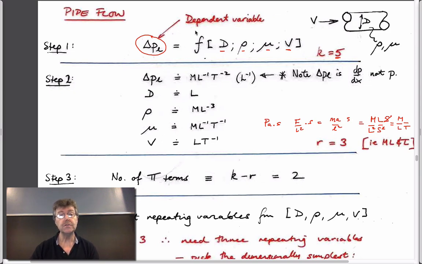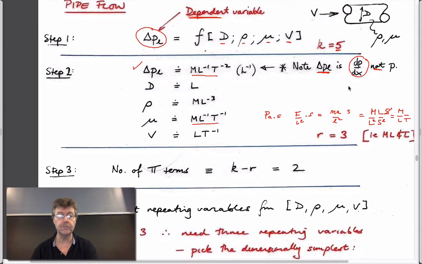We want to choose as our dependent variable the one that has all of these represented. So it could be either viscosity or pressure, because these are the 2 that have mass, length, and time all represented. We're going to choose pressure drop. Pressure drop in our particular case is pressure per unit length. So note that dP/L is this, not this.